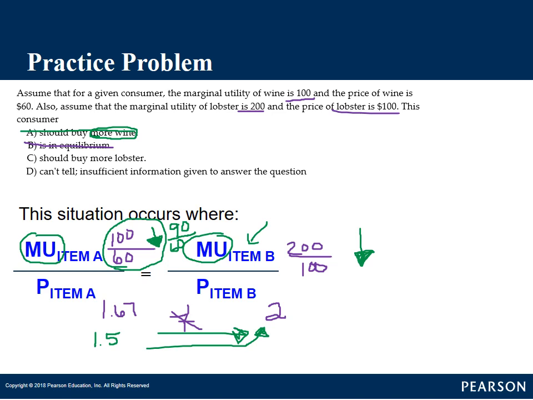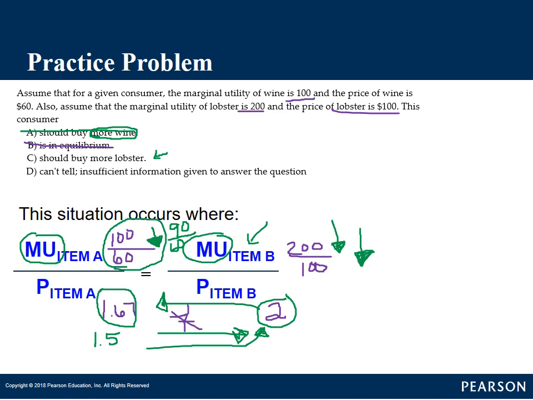Okay, so we have to move on to looking to see if we should buy more lobster. Again, if we buy more lobster, the marginal utility will decrease. And then we need to figure out, does decreasing the marginal utility of the lobster bring our 2 number closer to 1.67? Because again, when both of these numbers are equal, that is when we are in equilibrium.